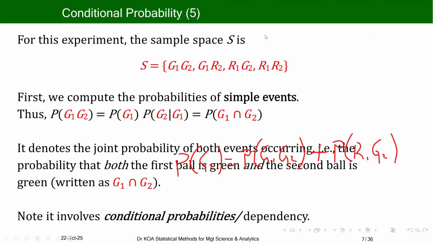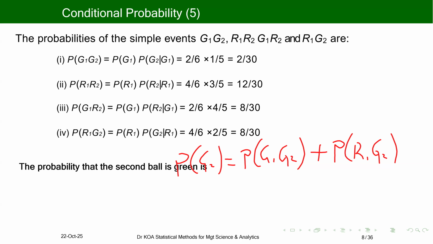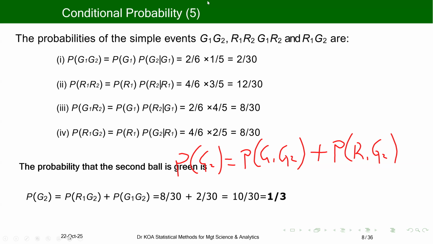Showing you the answers on the screen. So you should get something like this. That is the answer you all had. You all had 1/3, didn't you? Yes, sir. Good.